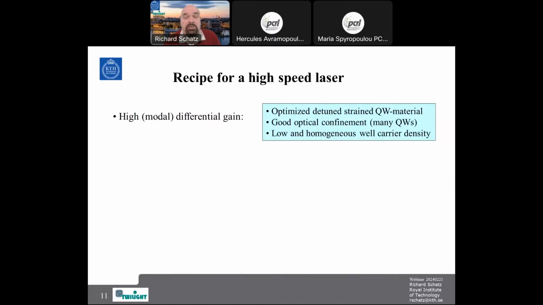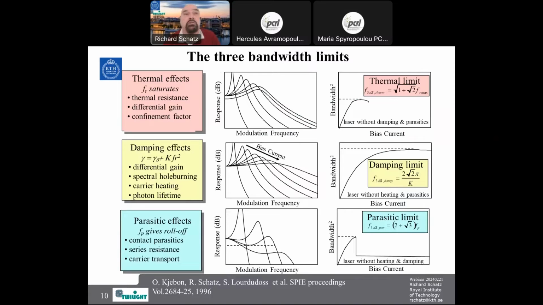If you do this, you can come to a bandwidth of around 25 gigahertz or something like that with a conventional laser. To go beyond 25 or maybe 30 gigahertz is difficult in indium phosphide material.